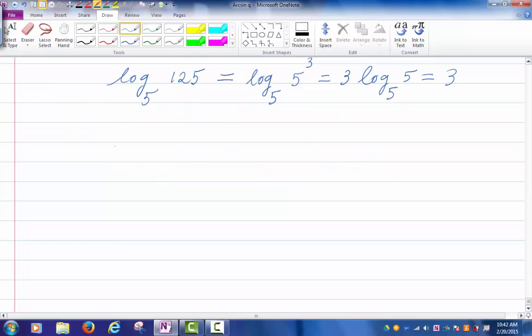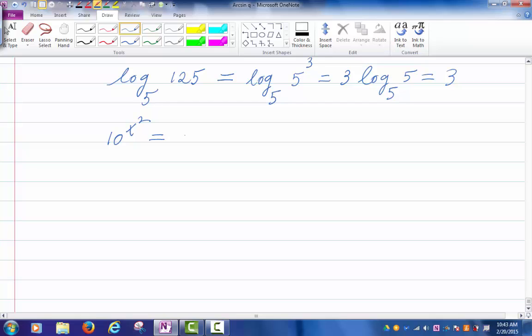More exercises. Let's say I have 10 to the power x squared. And the question is, express it in terms of the e to the x function. Well, in terms of the e to the x function, what is it? Anybody?